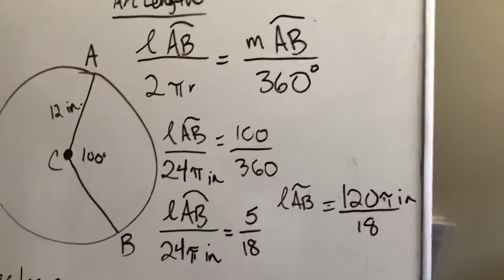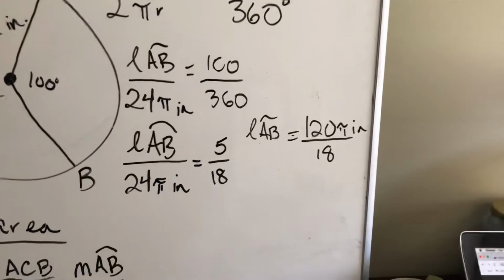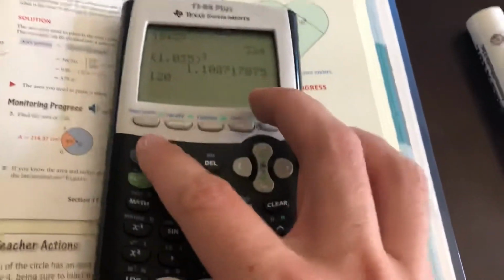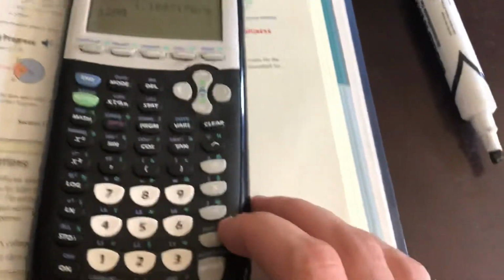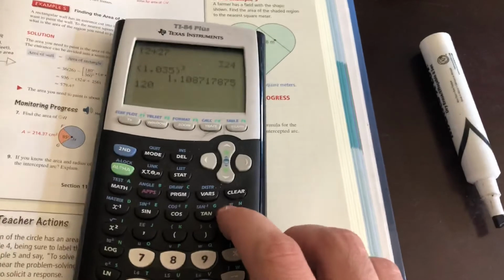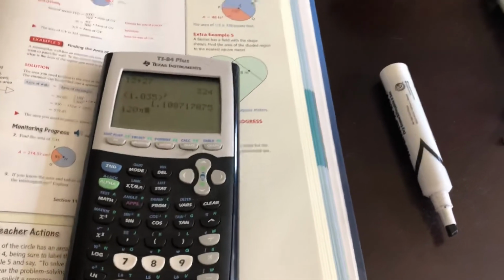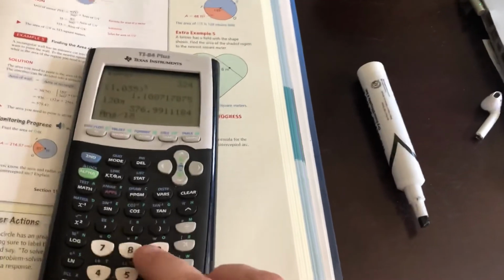I'm going to use my calculator to find this final answer. So real quick, 120. If you look here on the calculator, you can see that pi is found by using second. It's the second key above your caret there. So 120 pi, and we're going to then divide that amount by 18.